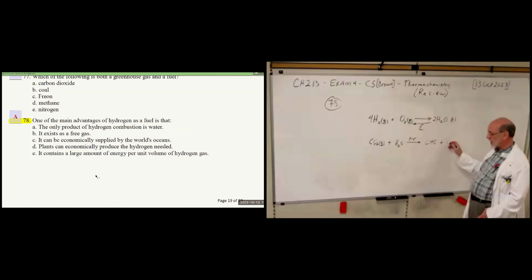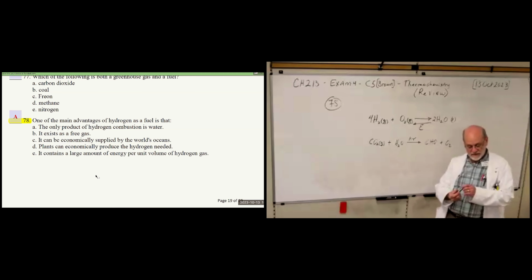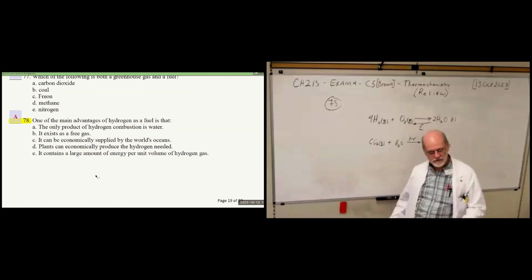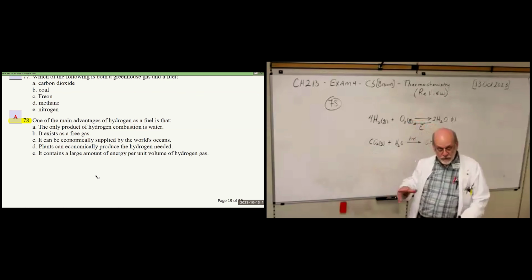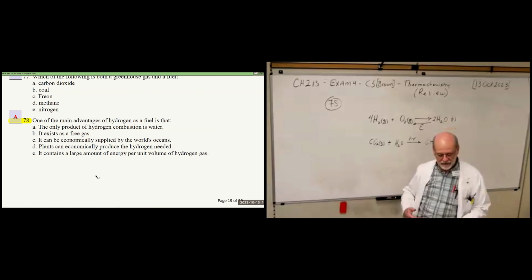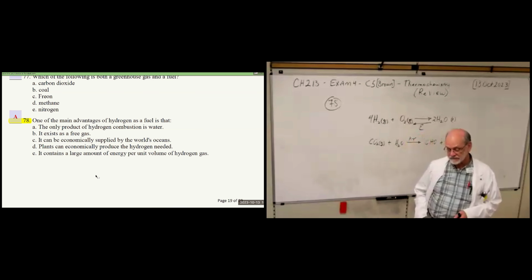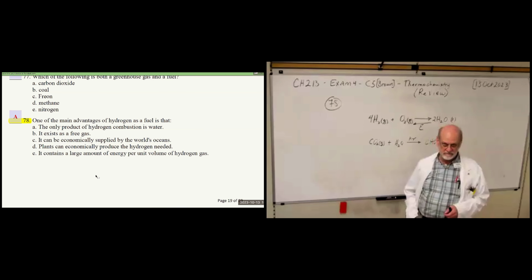Plus, their waste product is oxygen gas. So that's why we can live, because they make oxygen for us, using carbon dioxide as a fuel, as food. Okay, so that doesn't work. It contains a large amount of energy per unit volume of hydrogen gas. Well, actually, it doesn't. It's very energy diffuse.